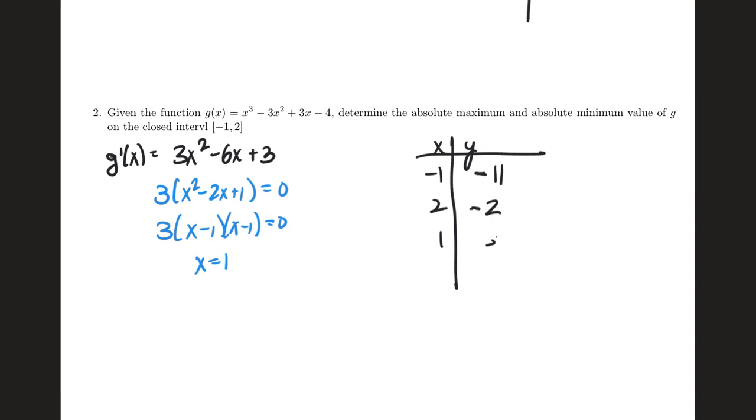All right, so my lowest down value is the min, and the highest up value is the max. So here, the endpoints are the answer, not the critical point. Actually, it didn't end up mattering at all, but you need to find all of these in order to make sure that you're actually getting the correct max and min.